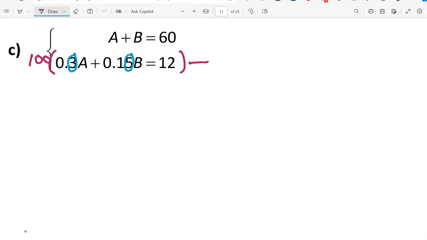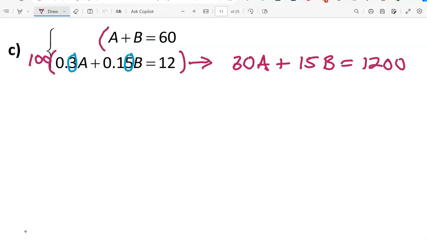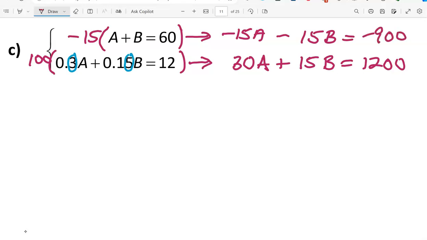So I'm going to clear the fraction here by multiplying by 100. And remember that when we multiply by 100, we just scoot the decimal over. So that gives us 30a plus 15b is equal to 1200. And now if I want to, for instance, eliminate the b's, I can multiply through by negative 15 for the first equation, and that'll give us negative 15a minus 15b is equal to negative 900.